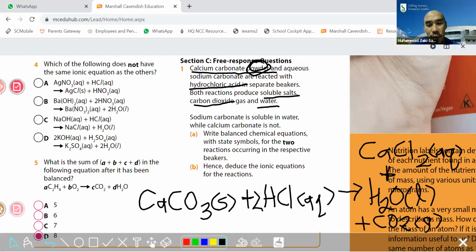Then you check: hydrogen 2, 2, oxygen 3, 3, chlorine 2, 2. Balanced, right? So this is one example of a question that I can give you. Any questions about equations and formulae before I go to the acid, oxides, and pH?